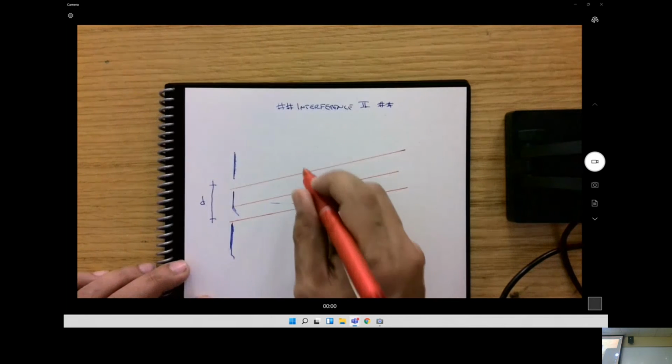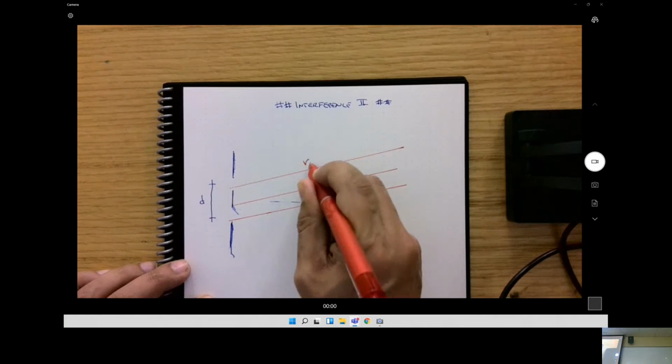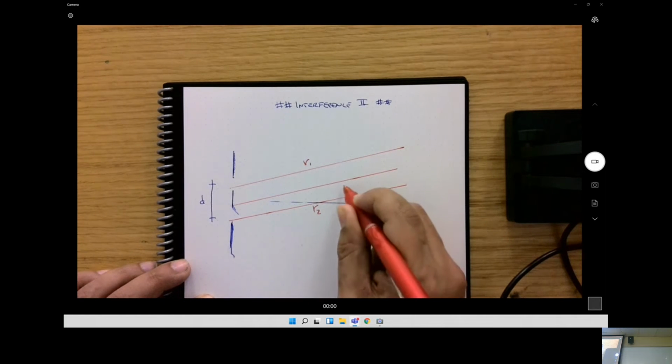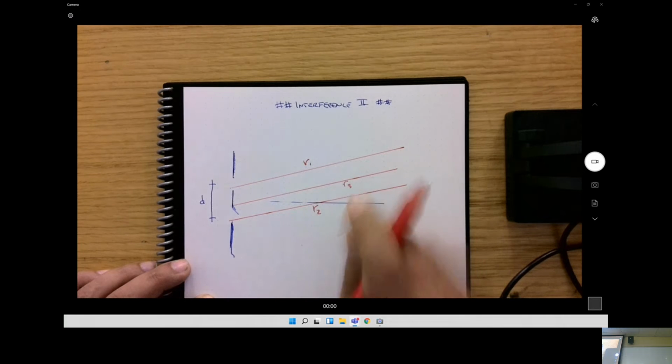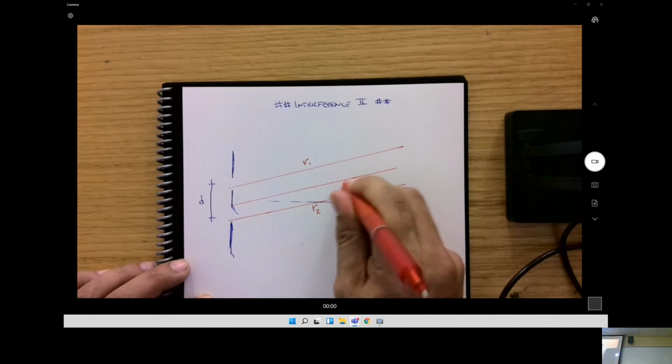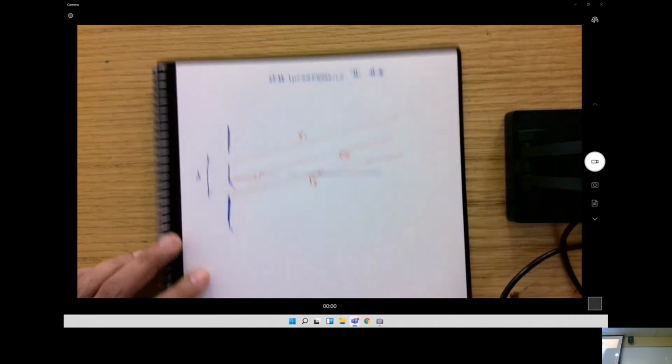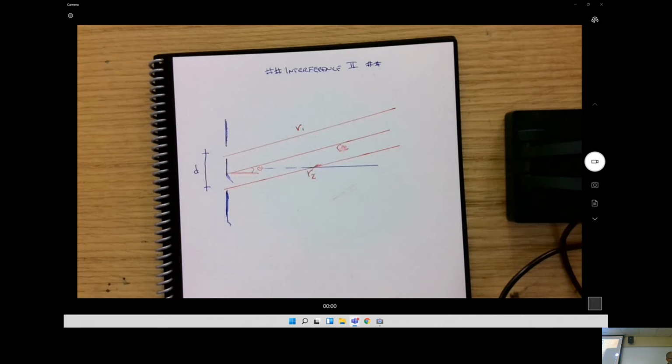Okay, so again, this will be R1. This will be R2. And this will be just R. And this angle is theta. What I want to find out is how big R1 is compared to R2.